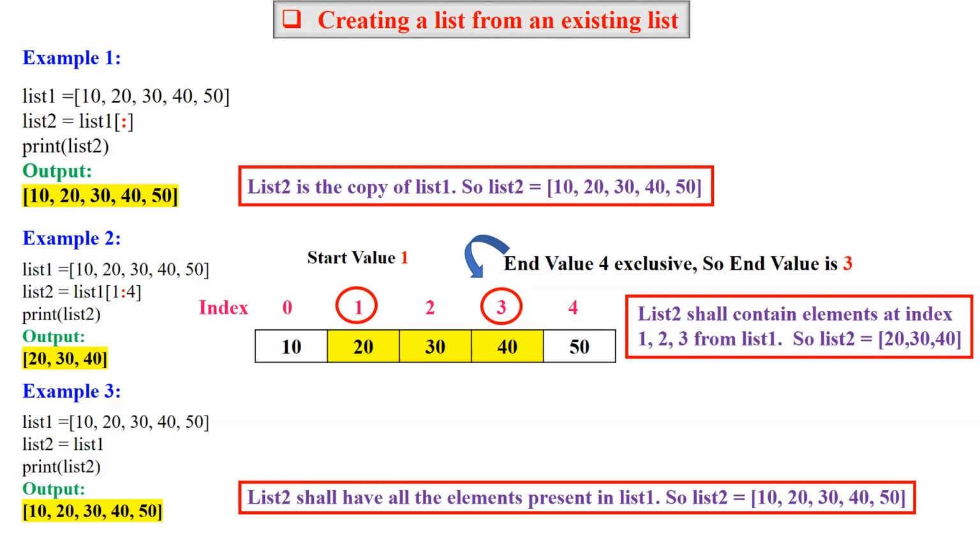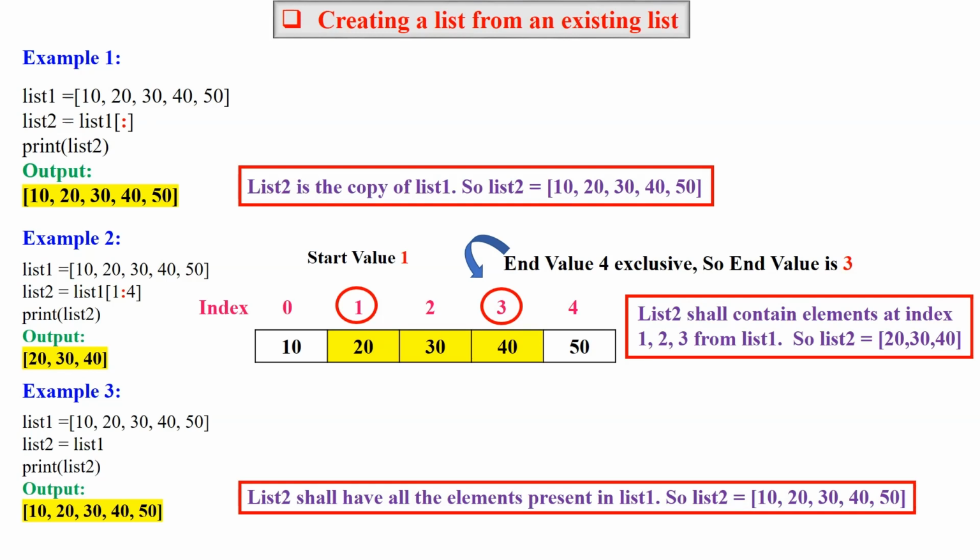Example 2. This code creates a list called list1 with elements 10, 20, 30, 40, 50. In the second line, list2 = list1[1:4] creates a new list, list2, by using the slice operator 1 colon 4 on list1. The slice operator selects a portion of the list from the index 1, inclusive, to the index 4, exclusive.